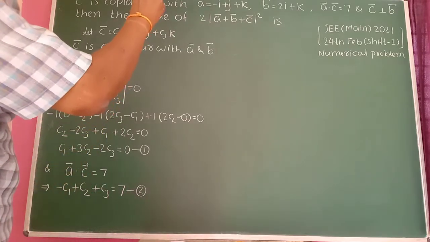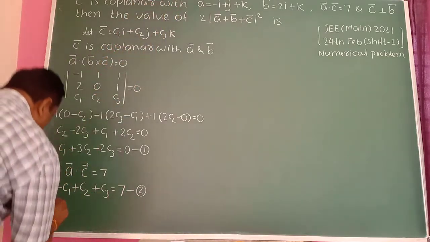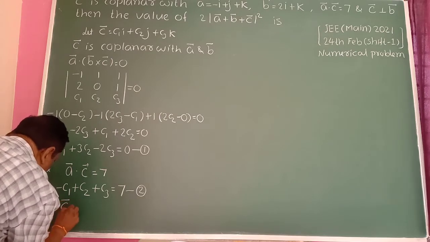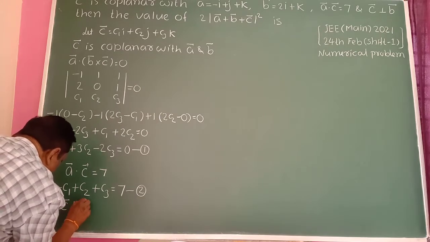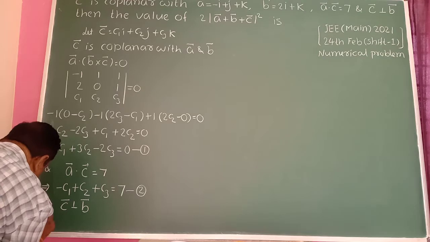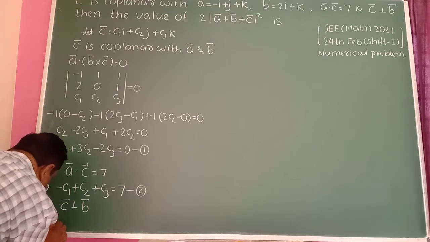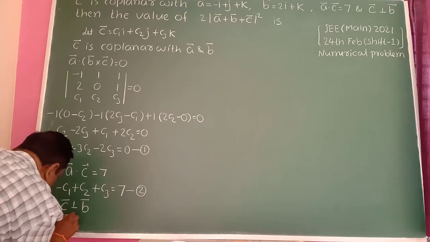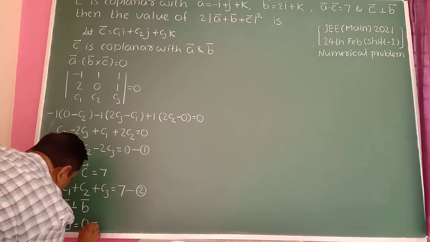And also they given C bar is perpendicular to B bar. Therefore, C bar dot B bar is equal to 0.